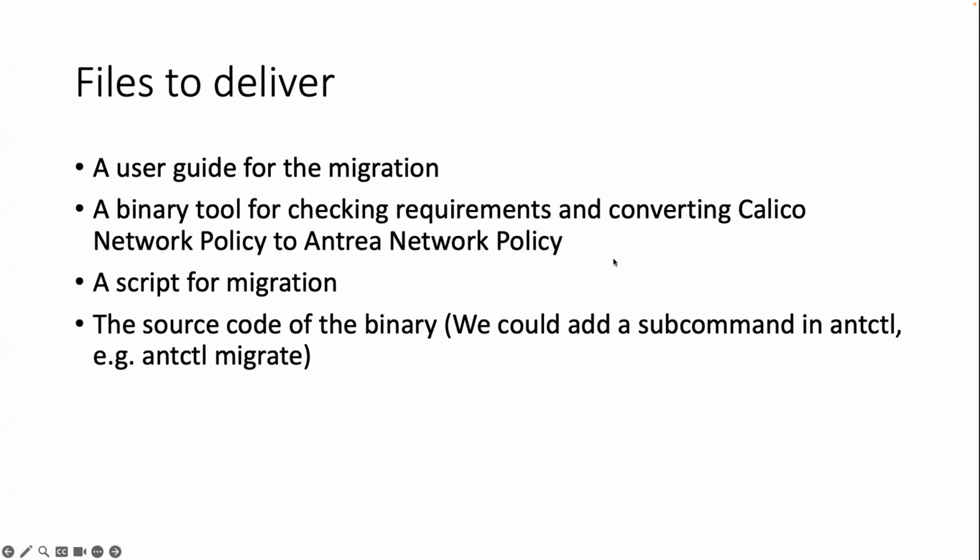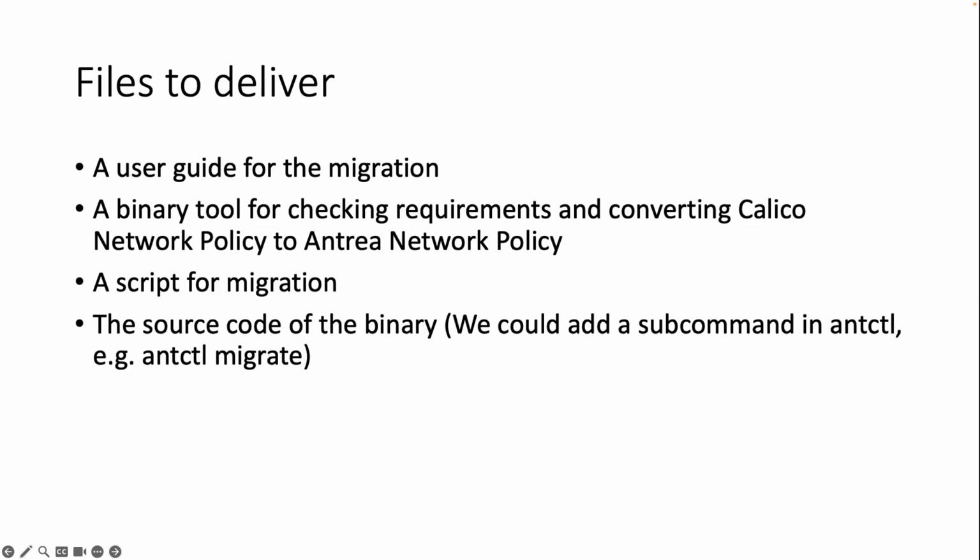It is convenient for us to use the Go language to do operations on Kubernetes and the CNI, so that's why I use a binary tool rather than scripts. The third one is a script for migration, and the last is the source code because we are an open source project.